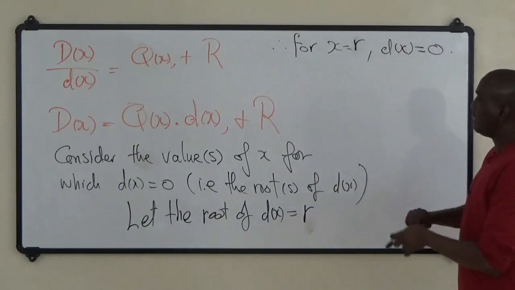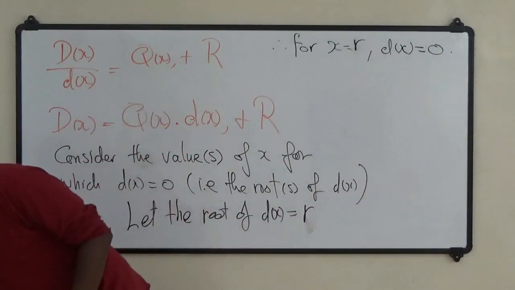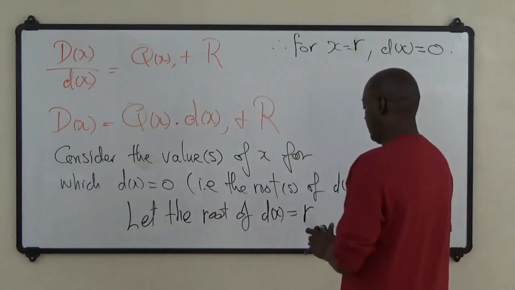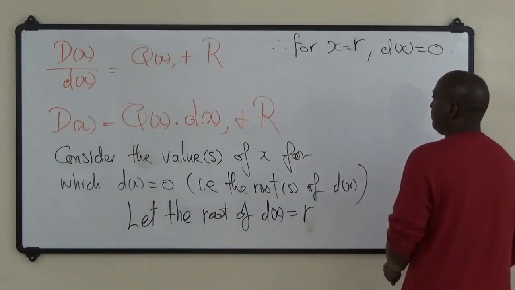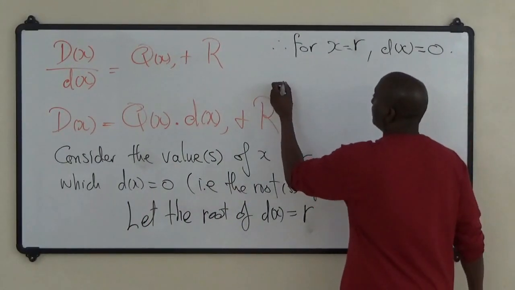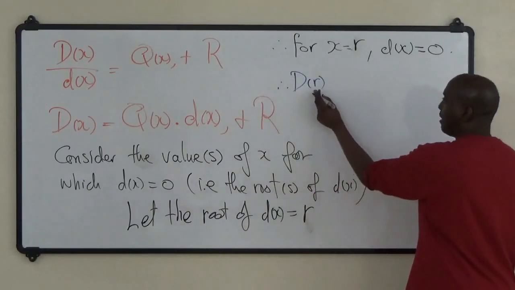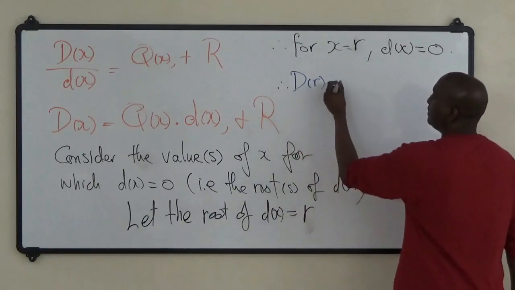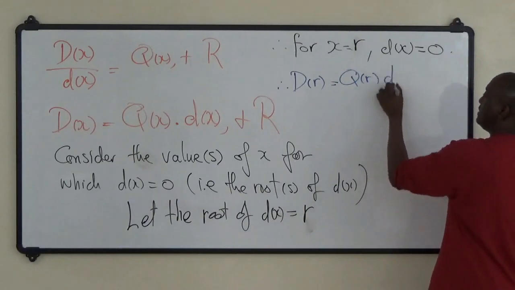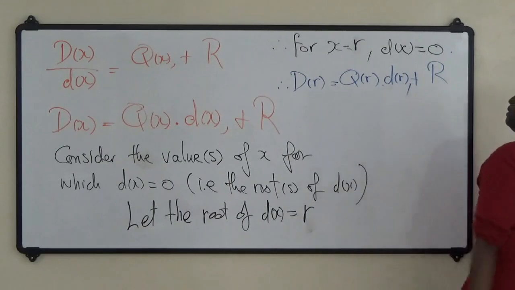Now, if we apply that over here, what will we end up with? We will end up with this. We will say that big d of r, remember r is the root of d of x, is equal to q of r by d of r plus big R, which is a remainder.